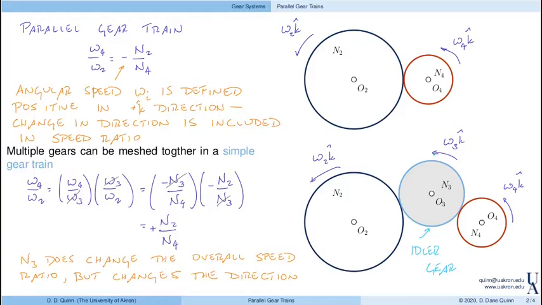As you put your car into reverse, the direction of rotation for the engine stays the same. But by introducing an idler gear within the transmission, you can reverse the orientation of rotation of the wheels, so particularly the output. By introducing that gear, you can go from forward drive to reverse.